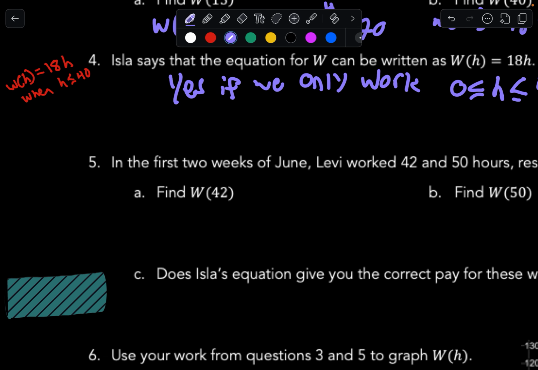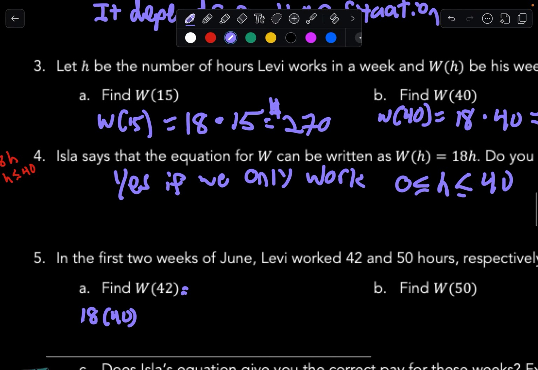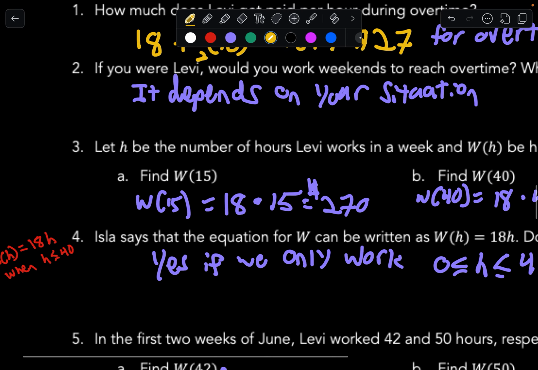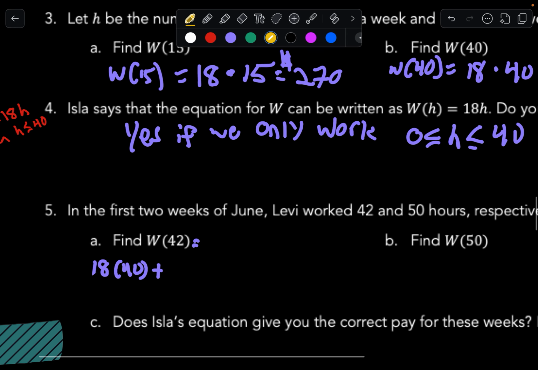Well, W of 42 would equal 18 times 40, because that's W of 40, the answer from before, plus the new rate that we calculated, 27, times 42 minus 40. 42 is the value that we're asking for. 40 is where it hands off and changes values.